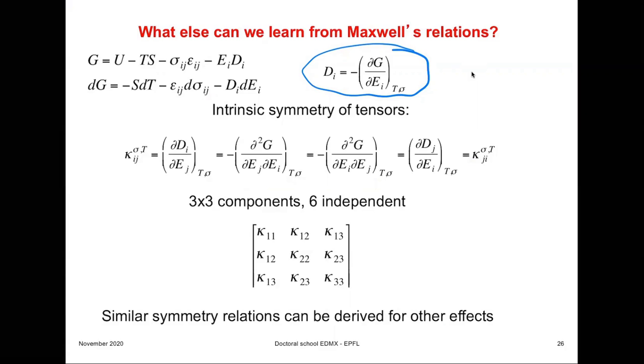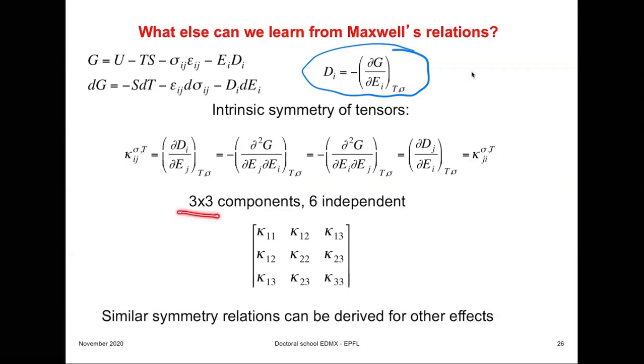I get that the derivative of D_i with respect to E_j must be the same as D_j with respect to E_i, and that means that these components of the dielectric tensor, the electric permittivity tensor, must be symmetrical with respect to the diagonal of the tensor.